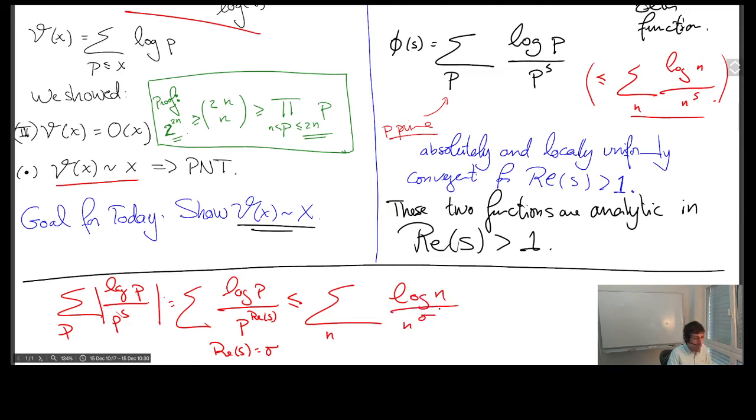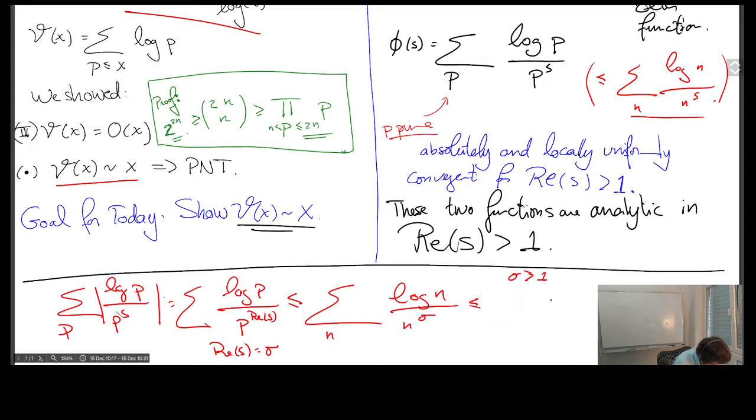Now there are many ways of doing this, but let's say sigma is bigger than 1 for sure. Certainly this is smaller or equal than some constant.